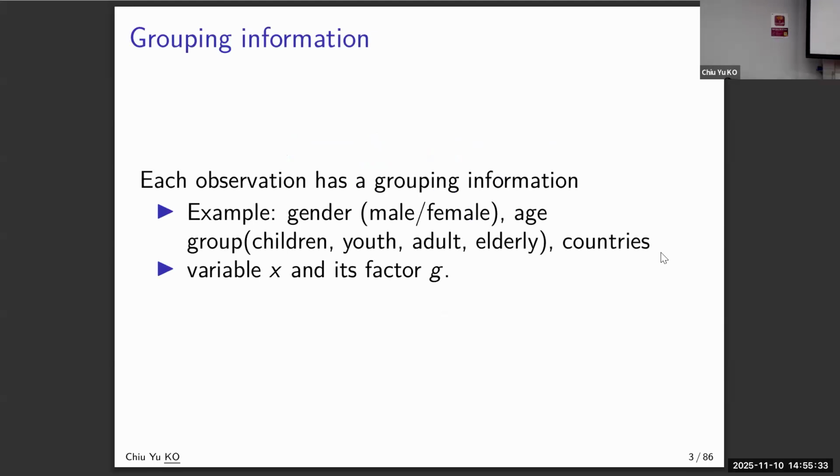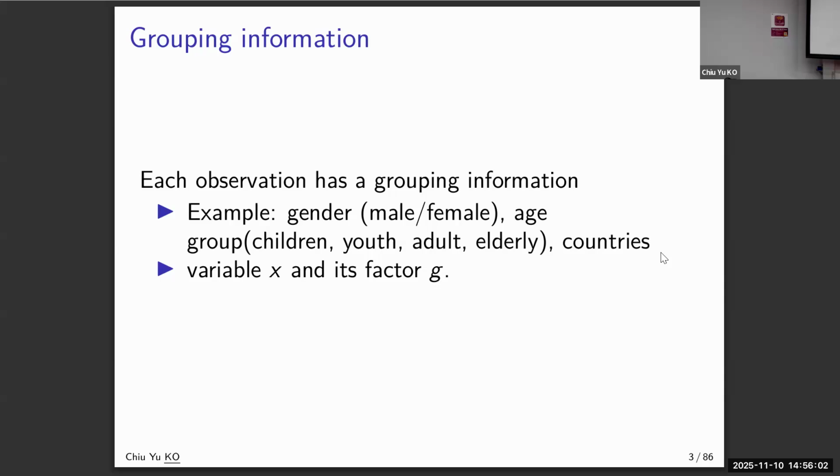One-way ANOVA means that our data is grouped by some category, like gender, age, countries, groups, or houses, or the college everyone belongs to. They are all categorical data, so you can't say one group is better than another.